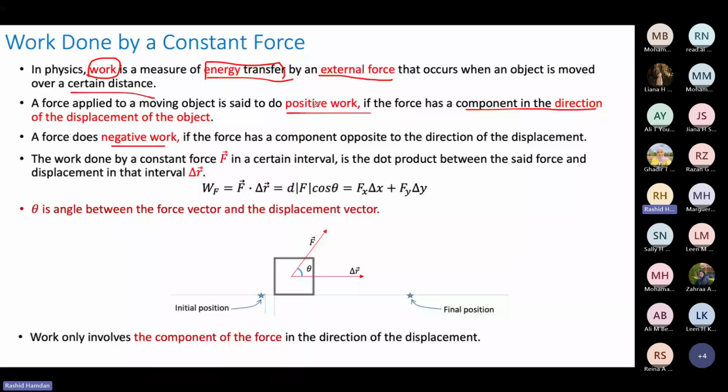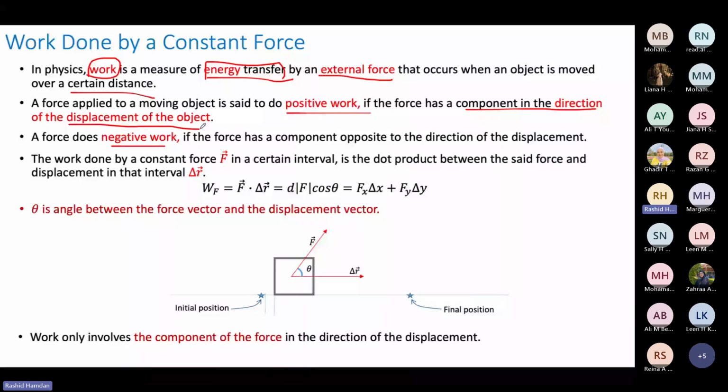If I have something moving in front of me and I push it in the direction of its motion, basically I'm making it move faster, so I'm giving it energy. Not necessarily the complete force, but just a component of the force in the direction of the displacement, then this force is doing positive work.